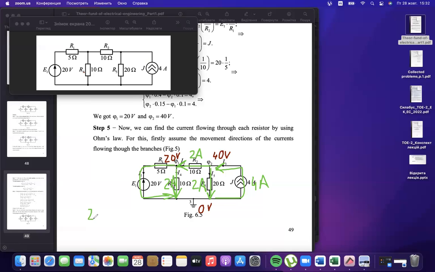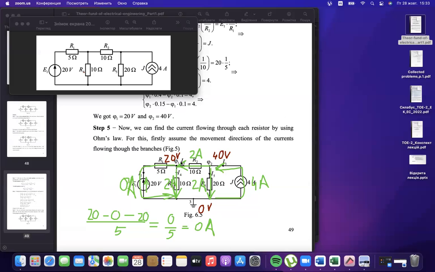For I1, it will be 20 minus 0 and minus the electromotive force, because the electromotive force is in the opposite direction, minus 20, over 5 ohm. We obtain 0 over 5, 0 amperes. The last branch will be without current, 0. And all currents are 0, 2, 2, 2, 4.